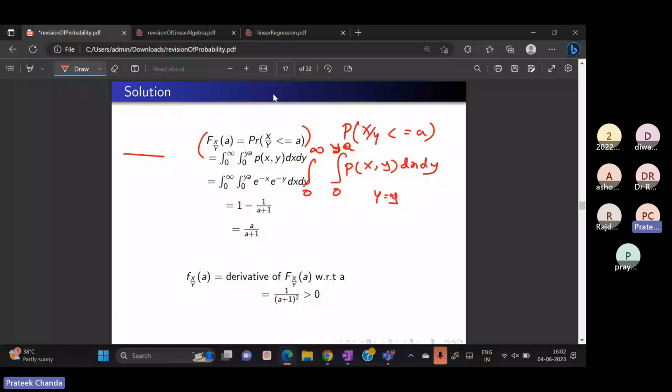Now we know this distribution function. We want to find the PDF itself. How do we do that? We can take the derivative of F, and we get the PDF. We need to take the derivative at the point a itself, because we want to find the density at that point.